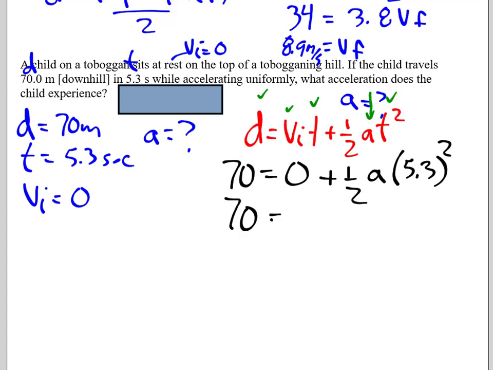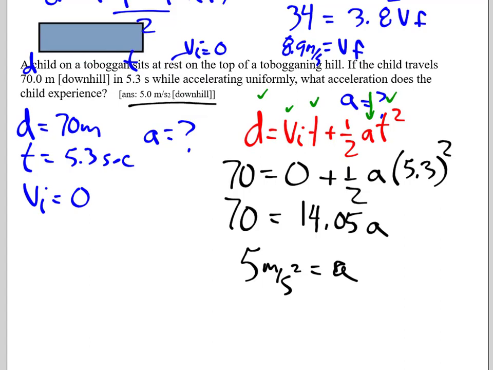Now we just follow our BEDMAS rules, do our exponents first. 5.3 times 5.3 divided by 2. Then this becomes 14.05a. Divide both sides by 14. We get about, let's just say 5. It's probably easier. So 5 meters per second squared should be our acceleration. And it's going downhill, so I should add the direction.